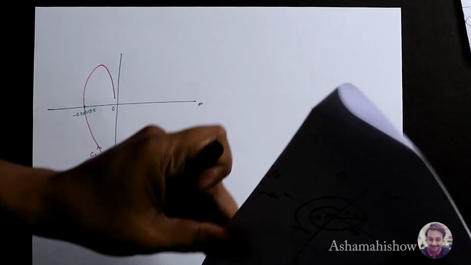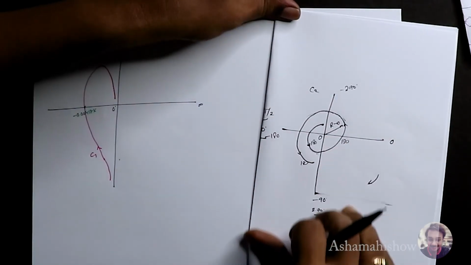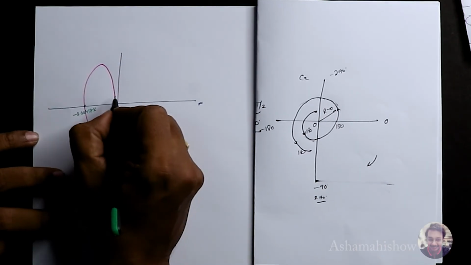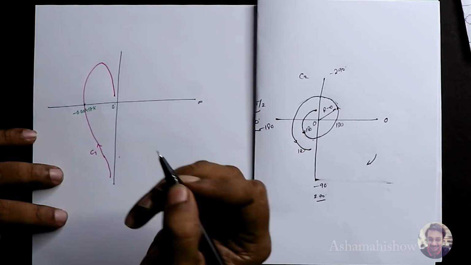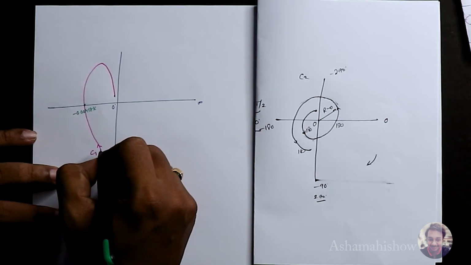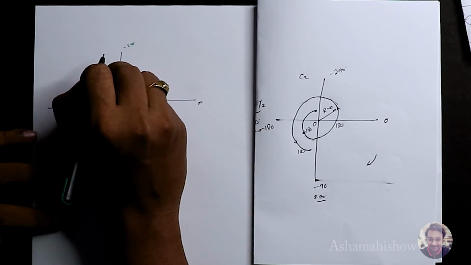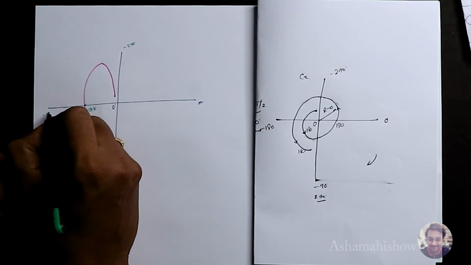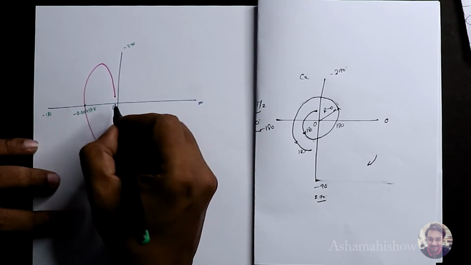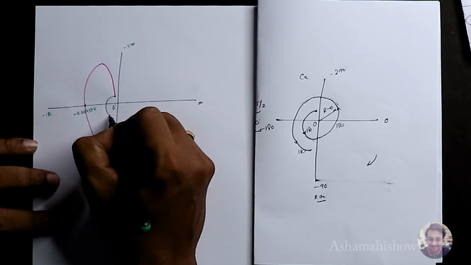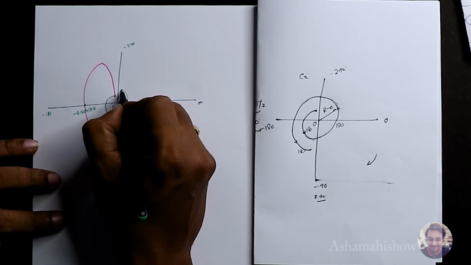I'll make it like this for your understanding. From the point where my C1 has stopped, you have to see the arrows also. This is minus 270, this is minus 180. C2 starts, and C2 will go 3 times here: 1, 2, 3.